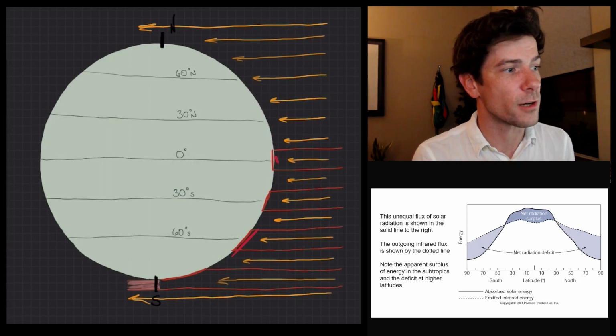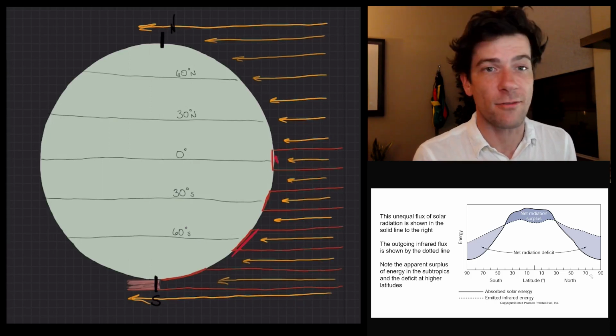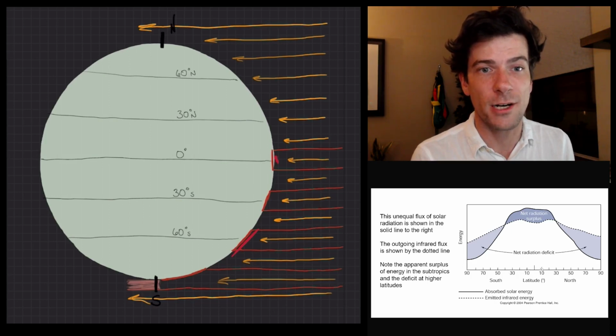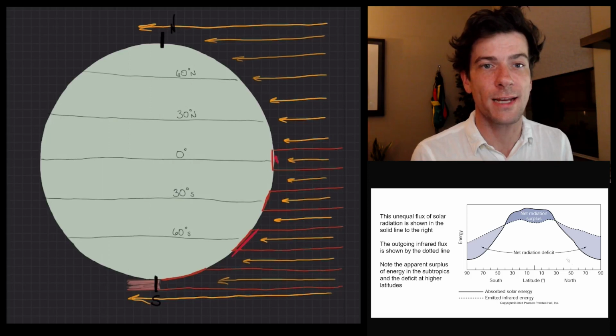That's what this figure in our slide shows. We have latitude, with the equator at the center, going down to the South Pole on the left and up to the North Pole on the right. This solid line is the amount of energy we're receiving from the sun. That energy is very concentrated at the equator, or within the tropics, strictly speaking.